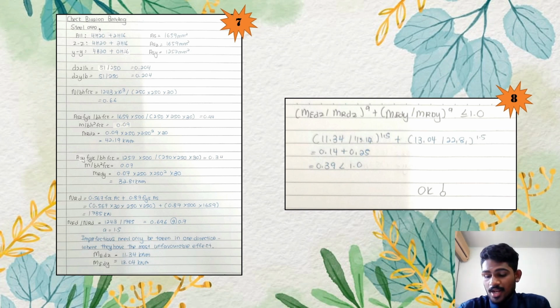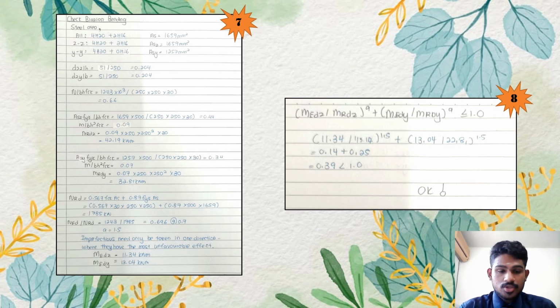Okay, for the NRD, the value of NRD you will get is 1785 kilonewton, and for the NED per NRD you will get a value of 0.696. So you can take 2 decimal places same as the previous step, so you can list your answer as 0.7.